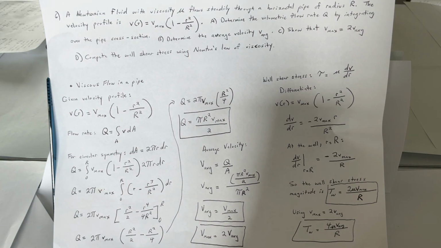I just, for brevity's sake, said T. Okay, that looks like A, B, C, D for number 6.